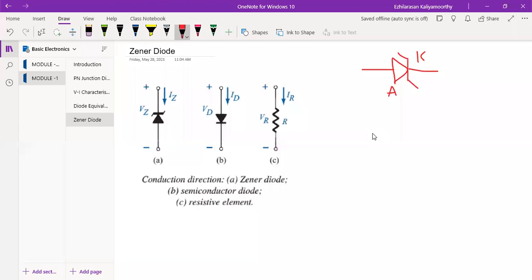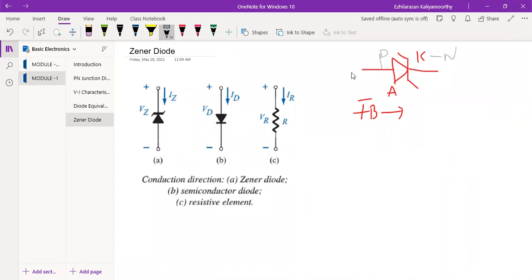Then you may ask what happens in the forward bias. When you use the Zener diode in forward bias, the positive side is connected to the P type, that is the anode. This is the anode, this is the cathode. In a PN junction diode we say P type and N type, but here in the Zener diode we have anode and cathode: the P type is the anode and the N type is the cathode.